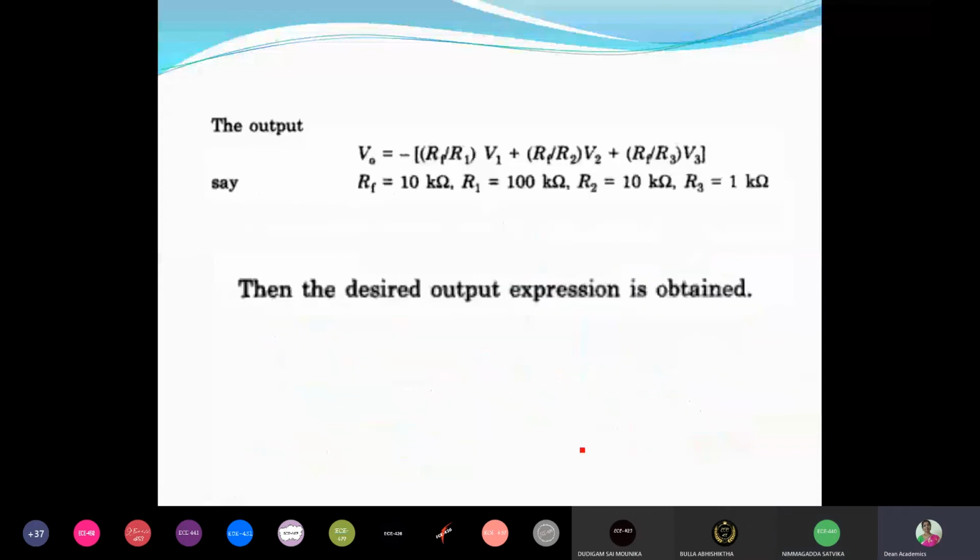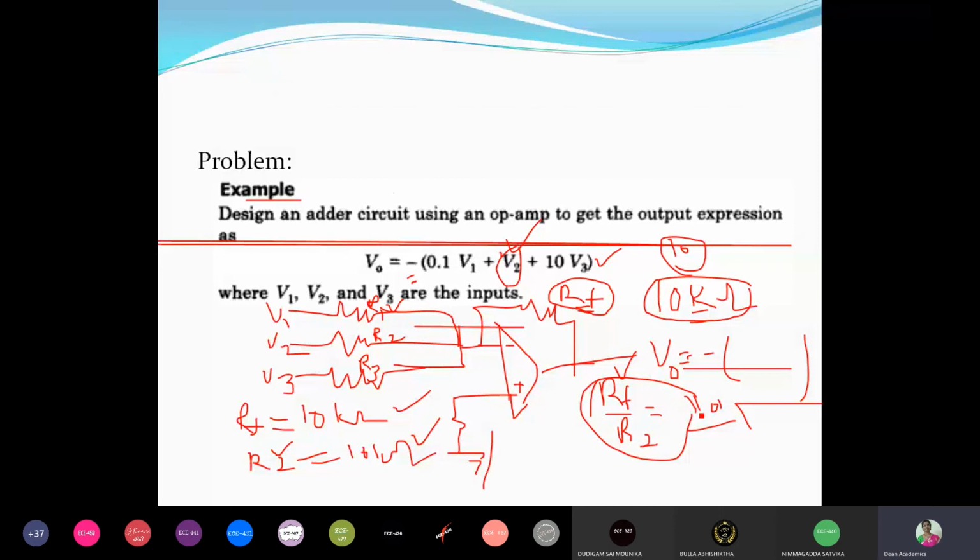Now let us see. R3 100 ohms you said, you just verify. R3 is equal to 1 kilo ohm, R1 is equal to 100 kilo ohms. If RF equal to 10 kilo ohms, same way as we have written now, RF by R1 is equal to 0.1, the V1 coefficient only, no? So RF by R1 is equal to 0.1.